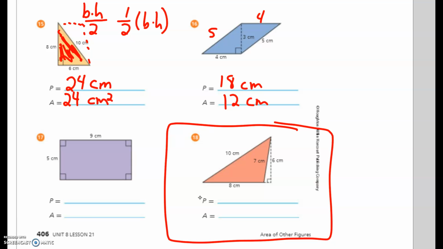All right, the perimeter is 25 centimeters. It's 8 plus 7 plus 10. You don't need that 6 over there. That 6 is the height, and you don't need to consider that when you're doing the perimeter. You do need it for the area.